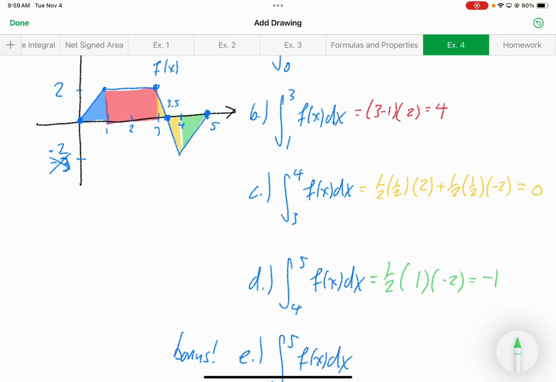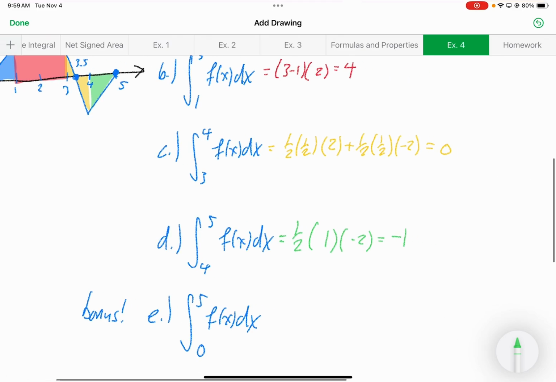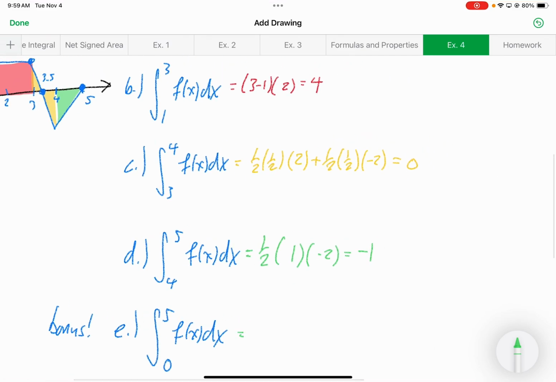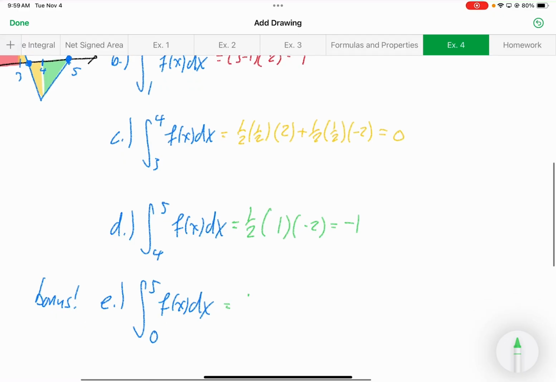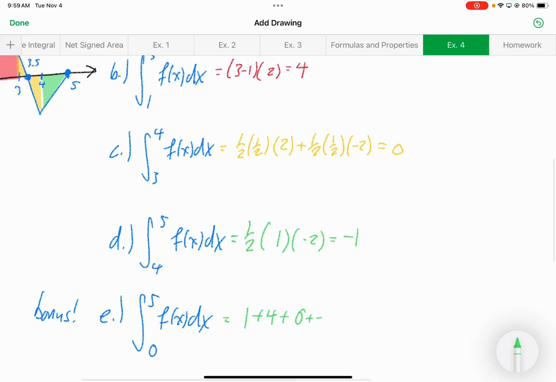What do I want to do if I want to find the area under the curve from 0 to 5? Add them all together. So then I would just get, what was my first one? 1. So 1 plus 4 plus 0 plus -1. So my area under the curve would be 4.